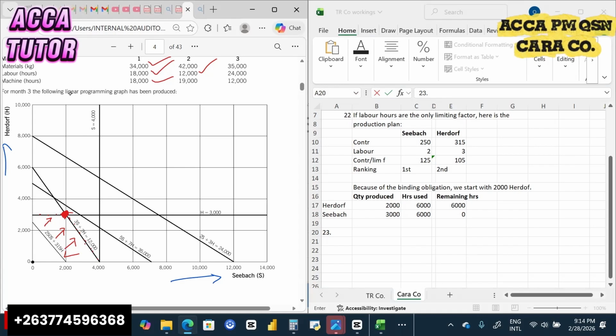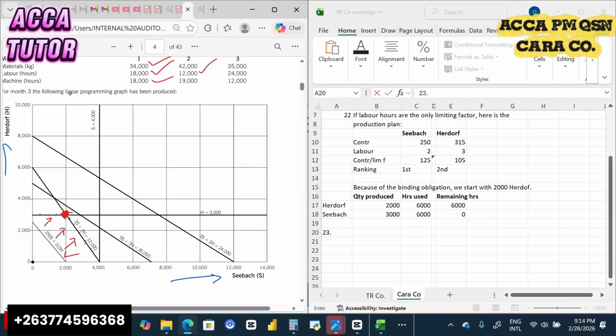Now, this is the point where the feasible region is intersected by our constraints, right? It is actually the farthest.